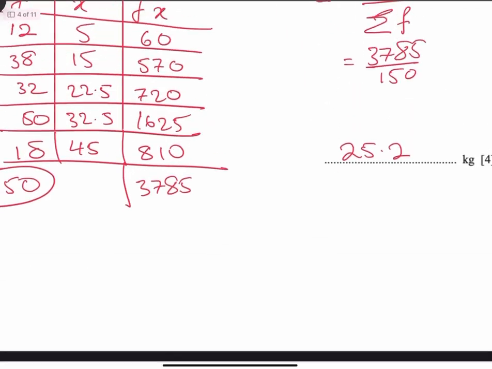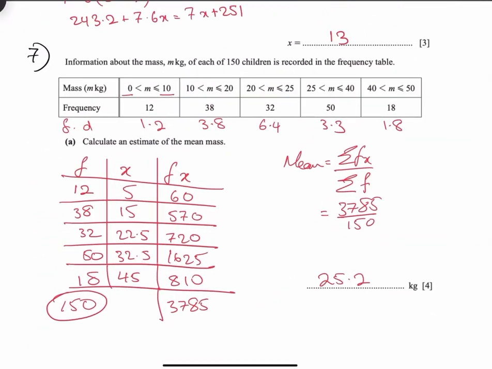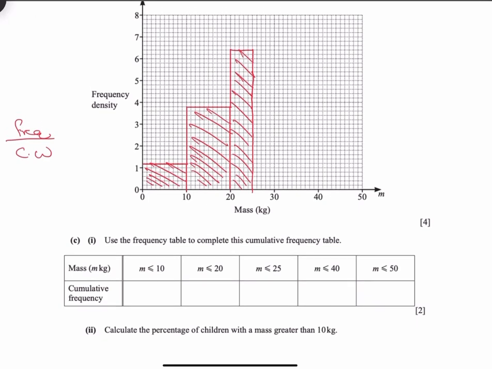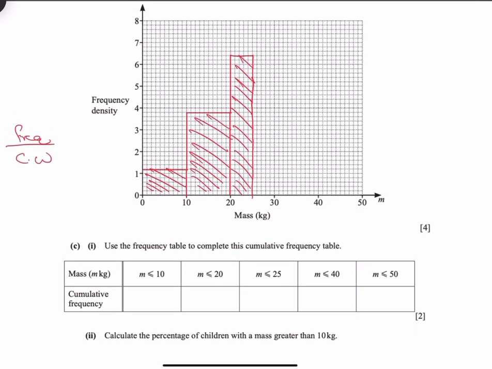After that, then 25 to 40 is a 3.3. So this is 3.2, 3.3, somewhere in the middle here. Okay, and then it goes down here. You don't need to shade everybody, but I'm just doing it.